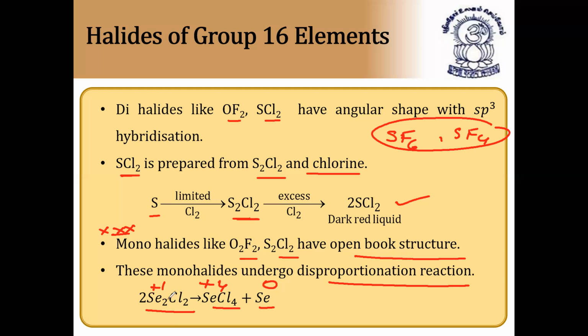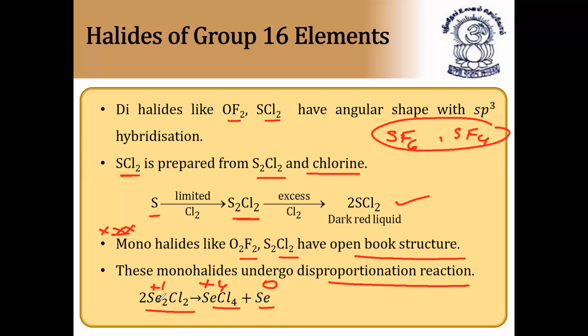So diselenium dichloride, that is a monohalide, undergoes disproportionation reaction. Dihalides will not undergo disproportionation reaction. What is disproportionation? Already we know disproportionation reaction is nothing but for the same element simultaneously oxidation and reduction take place in a given reaction.